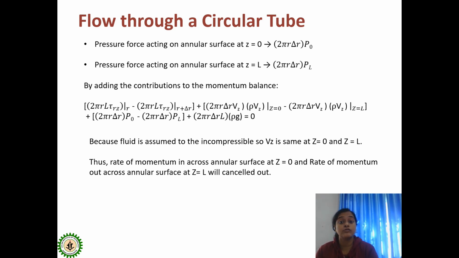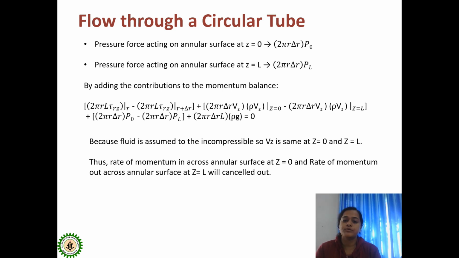And the pressure force acting on the annular surface at z equals L, meaning the exit of the fluid flow of the long tube, equals 2 pi r delta r PL.